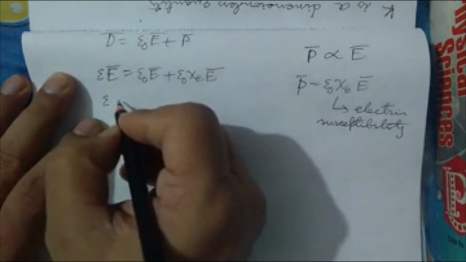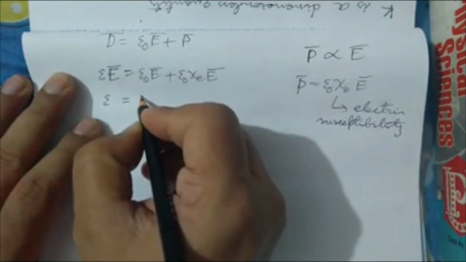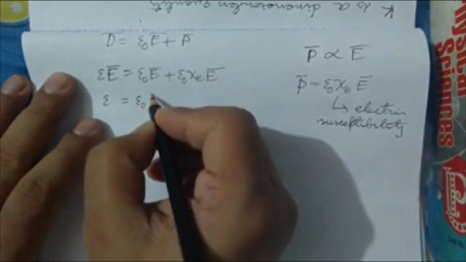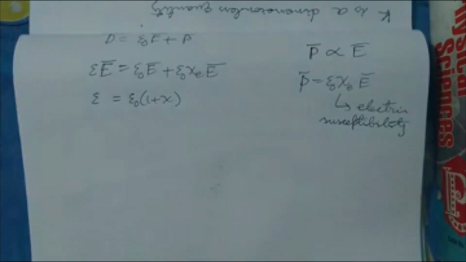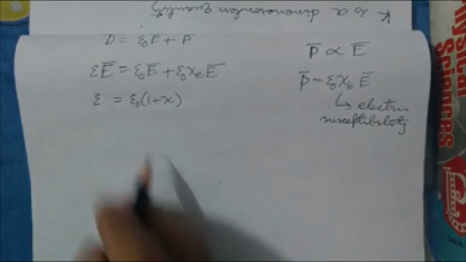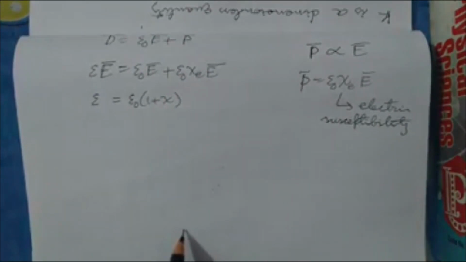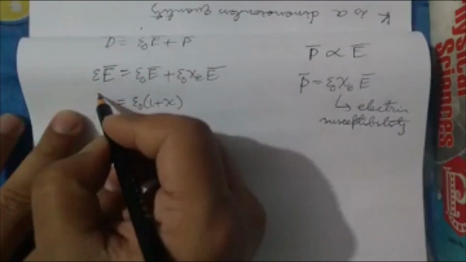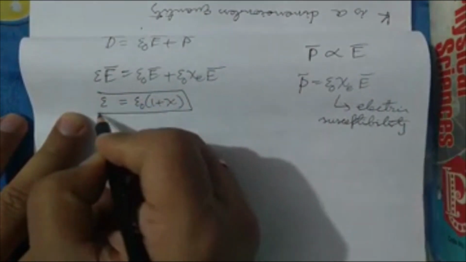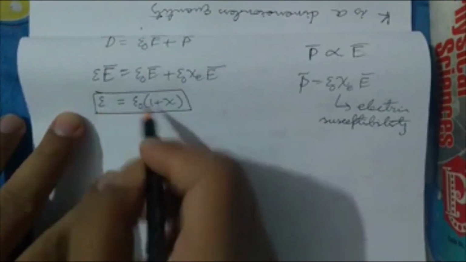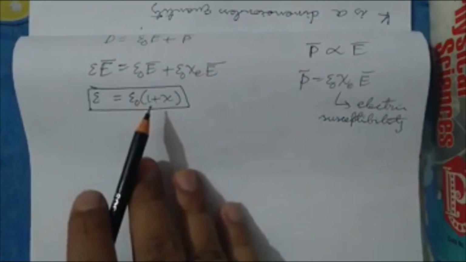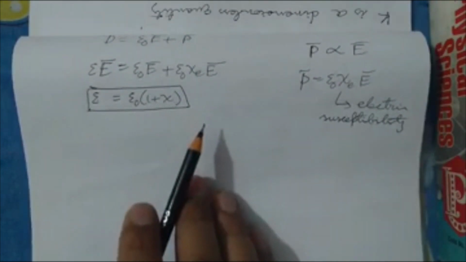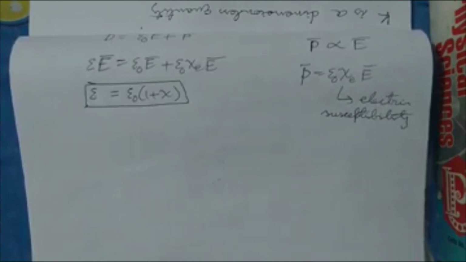So from here you can write epsilon is equal to epsilon naught into 1 plus xi. So this is also a very important relation. Epsilon is the dielectric constant, epsilon naught is the permittivity of free space, and xi is the electric susceptibility.